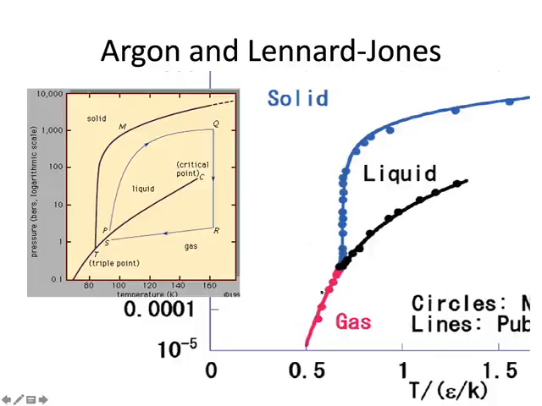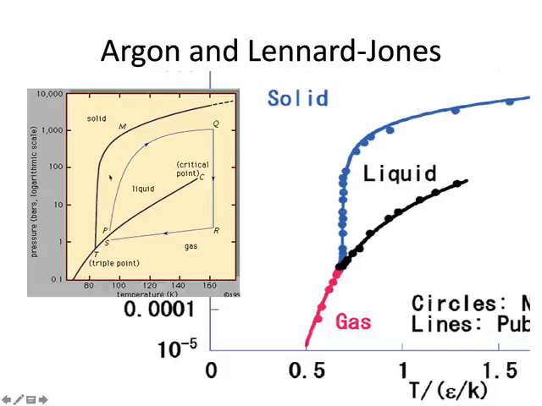So this is the Lennard-Jones temperature-pressure phase diagram with the Lennard-Jones parameters on the axis. And here is the argon temperature-pressure phase diagram with SI units. Well, not completely, this is in bars. And you see that these two are very similar.